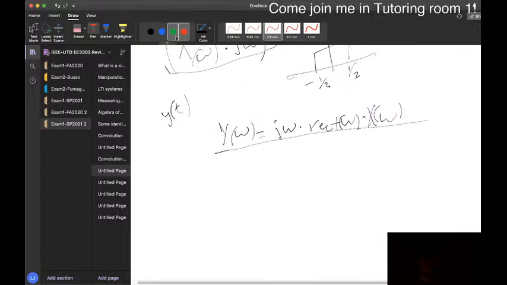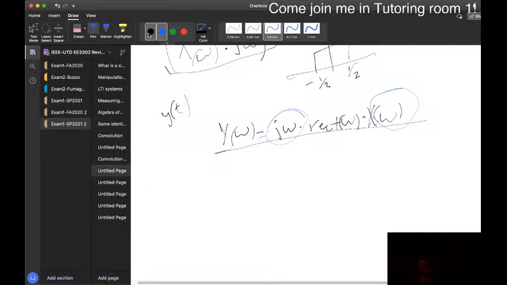So we just have to take the inverse Fourier transform now. Remember the duality for taking j omega times a function x of omega.